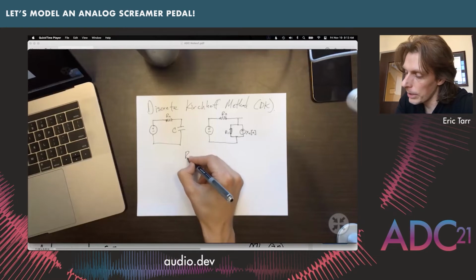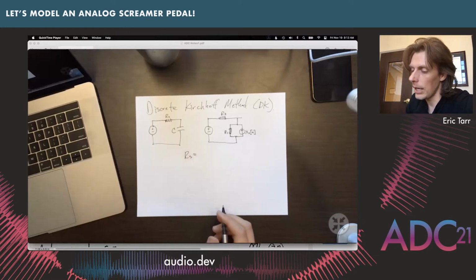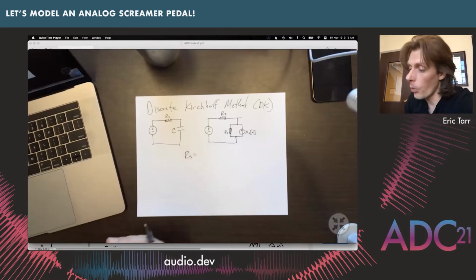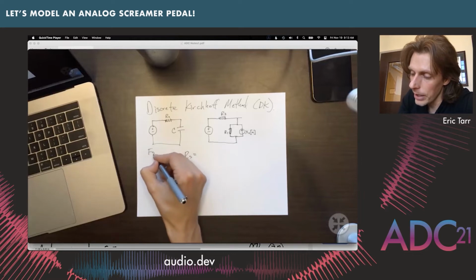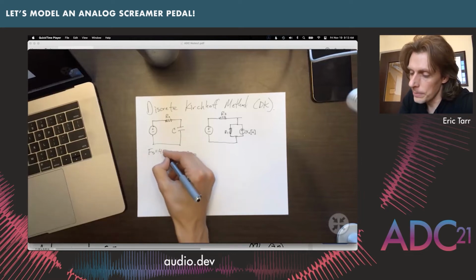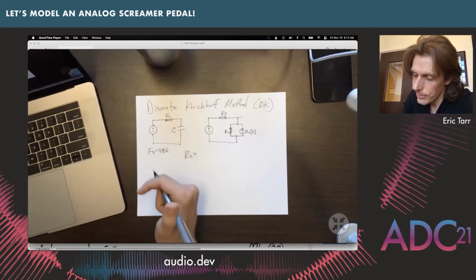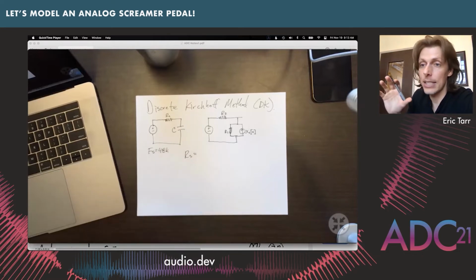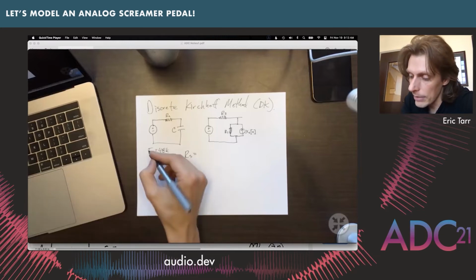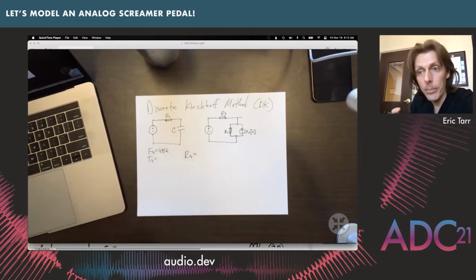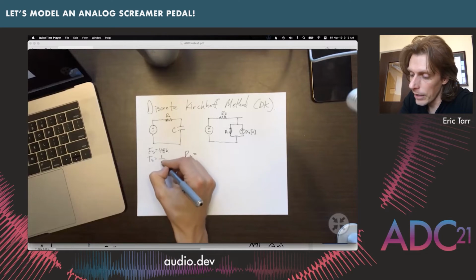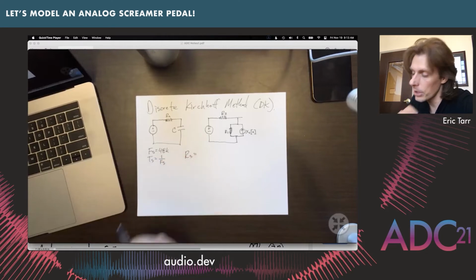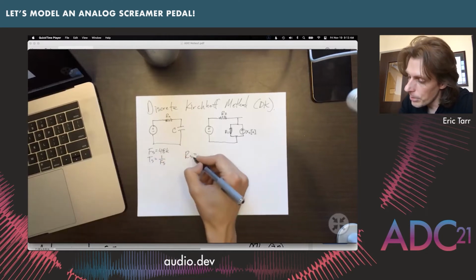We'll say R1 is equal to, if we have a digital system, we're going to have some sampling rate. This could be like 48,000 samples per second. And as part of that, we have a relationship: if that's the number of samples per second, we have a sampling period, which is the time between samples, of 1 over Fs. So that's something we need to be able to use here. Sorry, this should be R1.